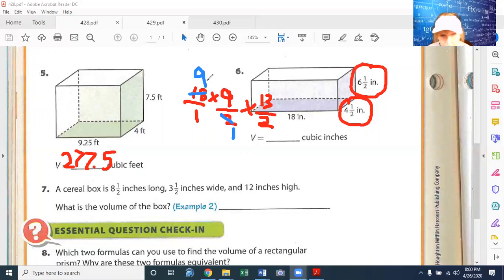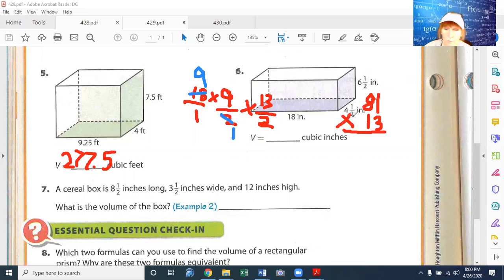Now I can multiply 9 times 13. So 9 times 9 I already know is 81, right? So I can just multiply 81 times 13, right? So 81 times the 13 over here. And then that'll be my top number.